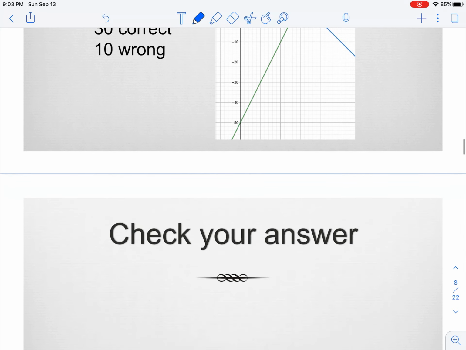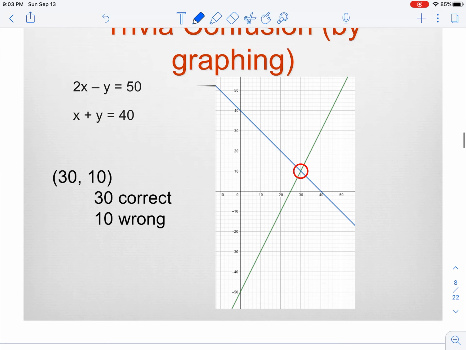And remember, we're going to check our answer. The way we check our answer is by putting it right back in the equation. So 2 times 30 minus 10, does that equal 50? 2 times 30 is 60 minus 10.